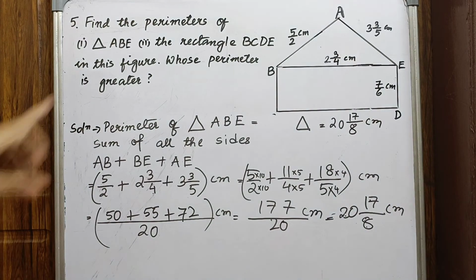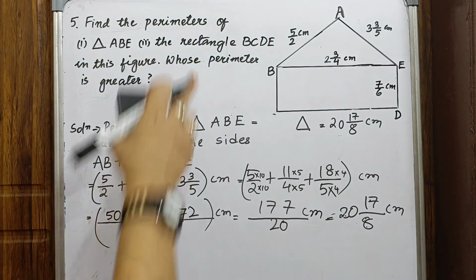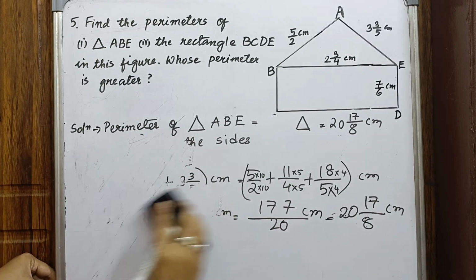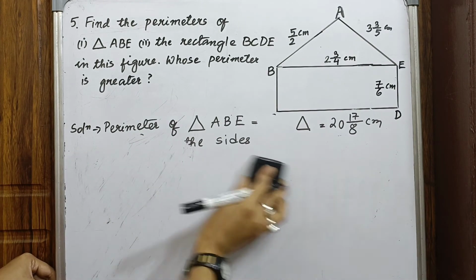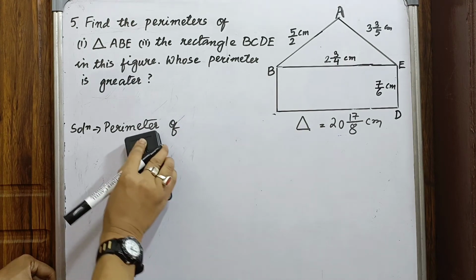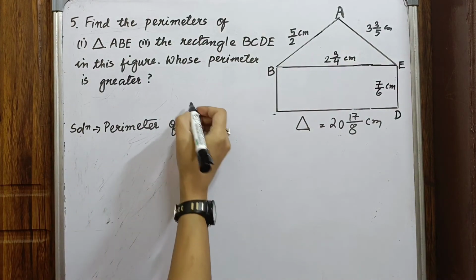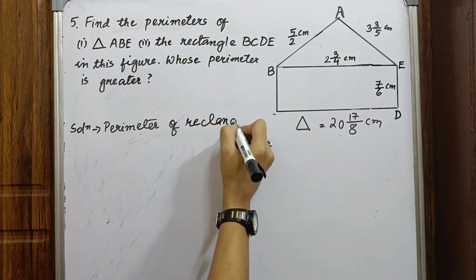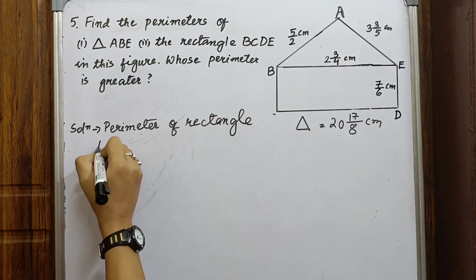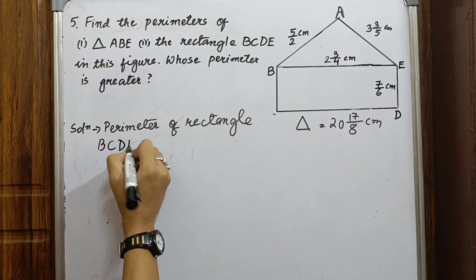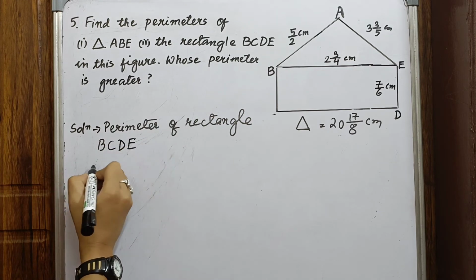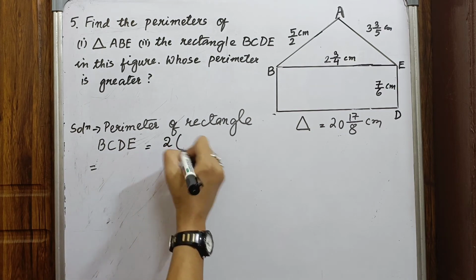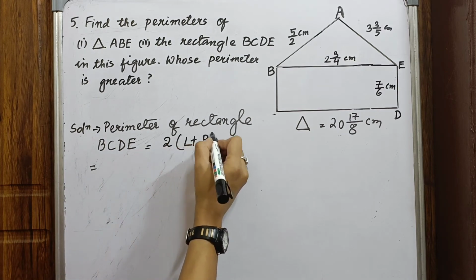Now we will find out the perimeter of the rectangle BCDE. In the previous one we have done the perimeter of the rectangle, which is 2 into length plus breadth.